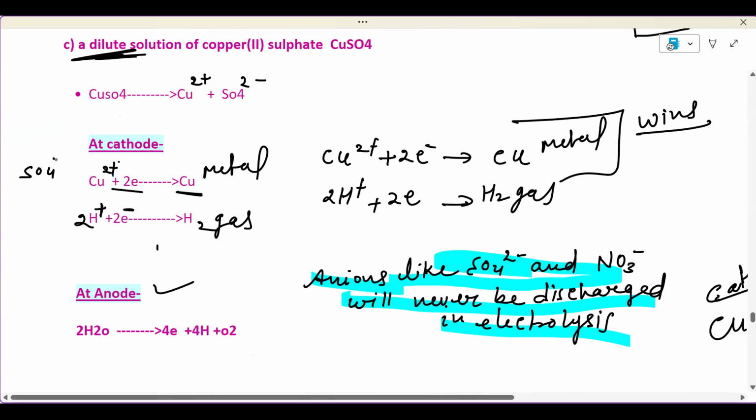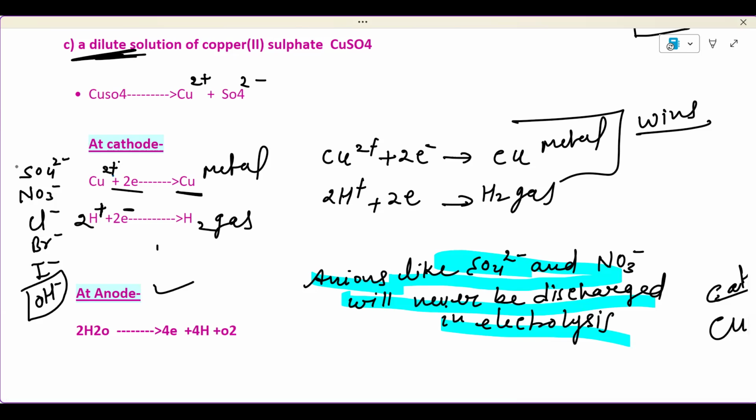Sulfate, nitrate, chloride, bromide, iodide, and OH-, hydroxide, because reactivity decreases from top to bottom.